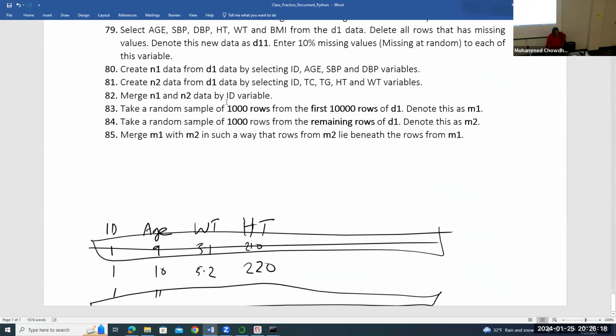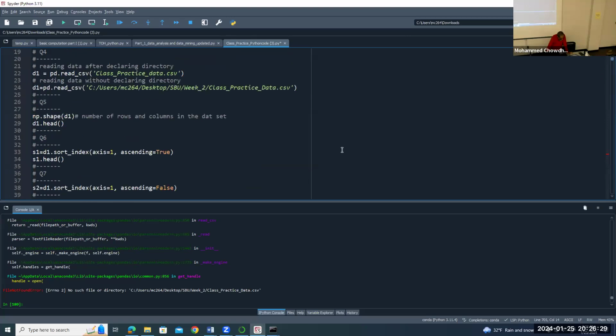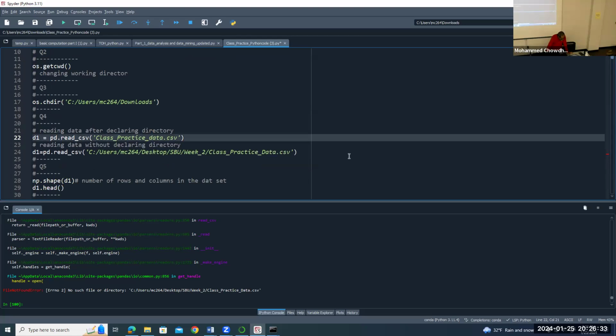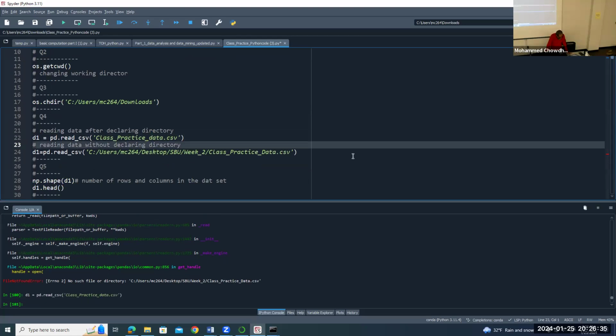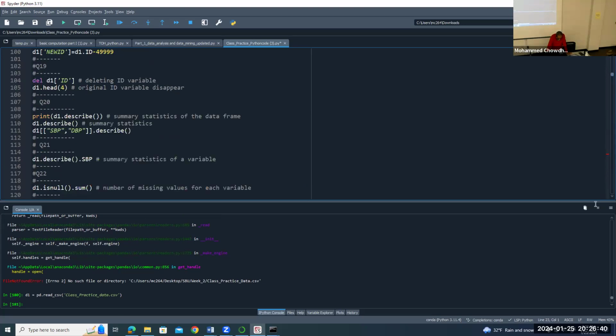So merge N1 and N2 data by ID variable, create an N1 data from D1 data by selecting this. So let me go to the D1 data again. I'm running out of time. This is the D1 data. Now let me quickly go there.